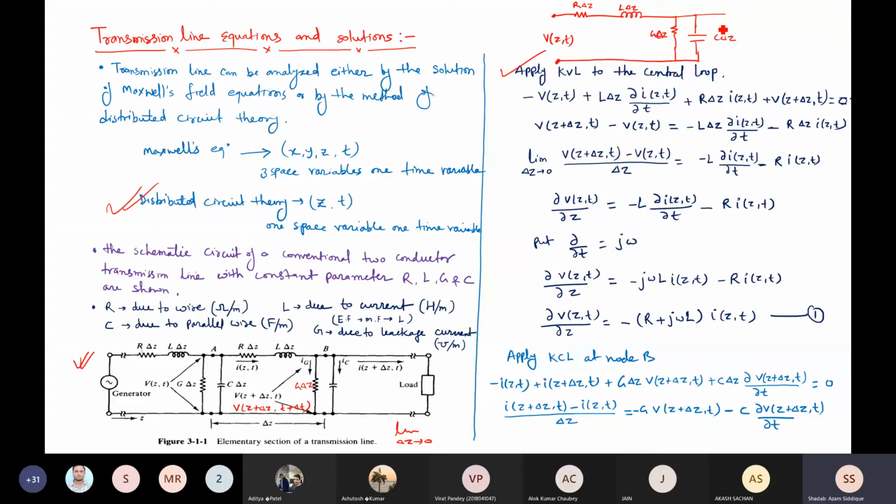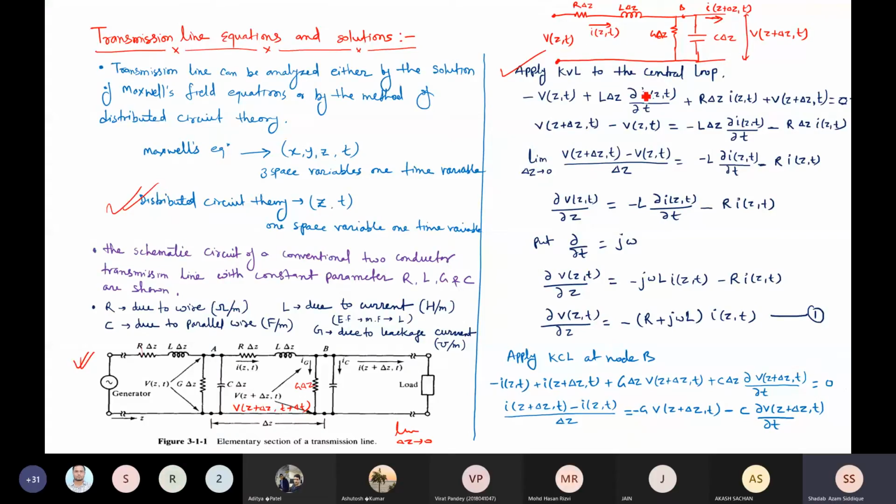So now this point has some voltage, this is called V(z+Δz,T). Now the current coming out from this point is I(z+Δz,T), and current entering to this point is I(z,T).